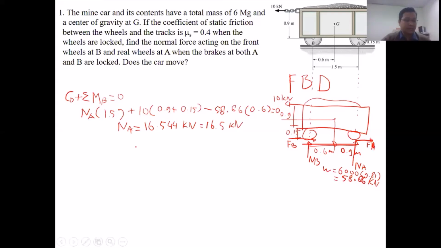Now the unknown parameter NA is already solved.